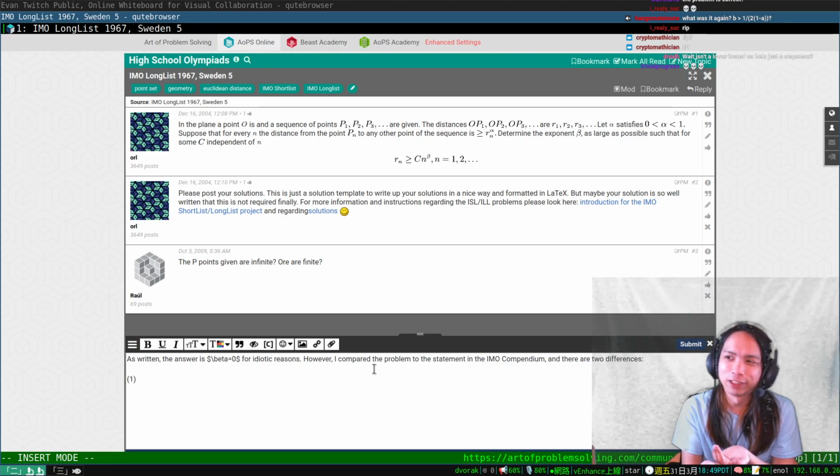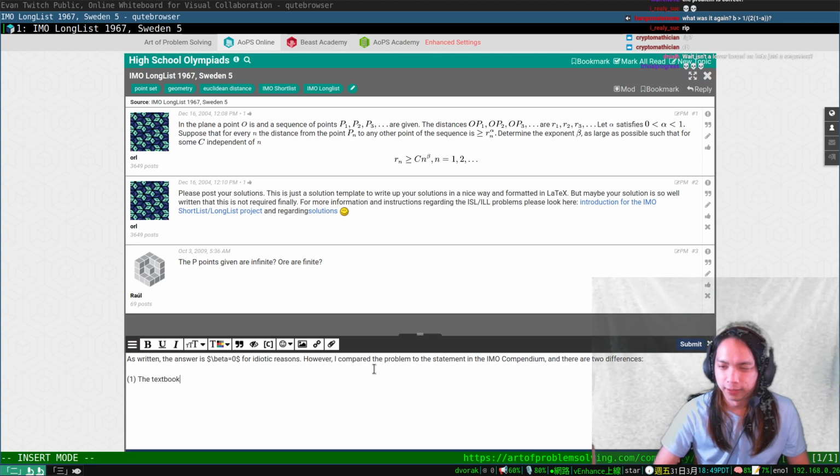I agree that it seems like it should just be an example of a construction. The textbook has, so the book has written the extra condition, R1 less than R2 less than R3.